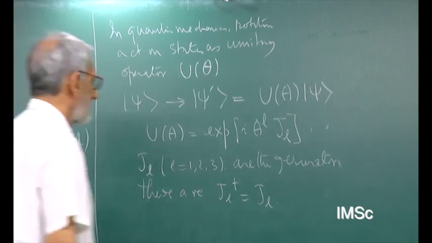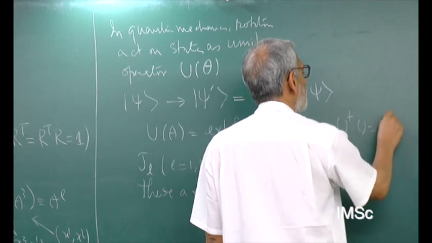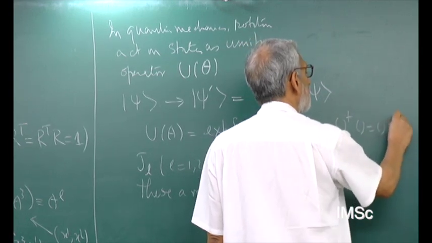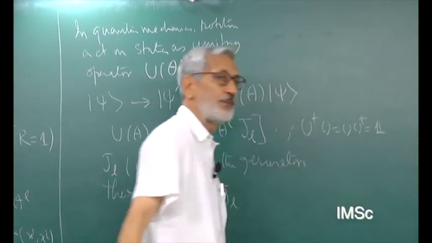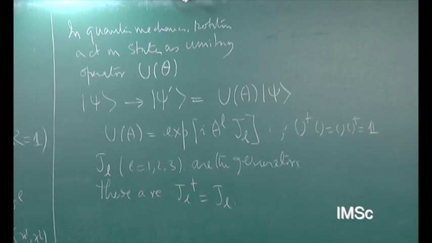And unitary means U dagger U is a unit operator. That's how rotation acts in quantum mechanics.